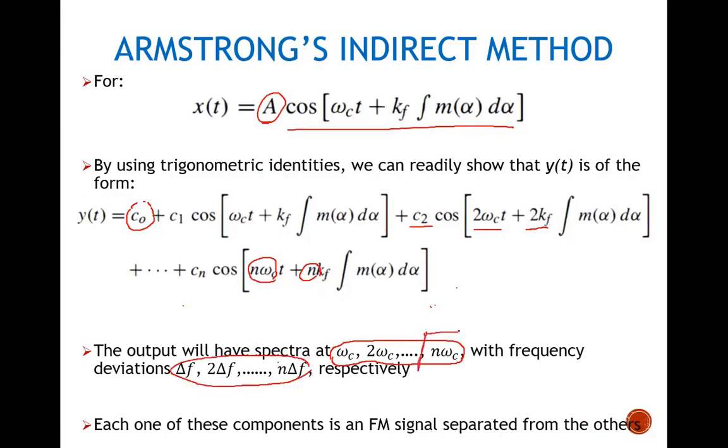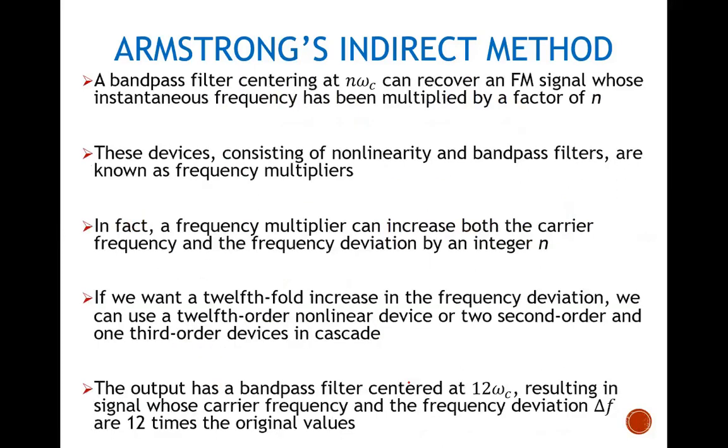We can use a band pass filter, let's say, to filter out 3 omega_c or 4 omega_c, which will have a respective frequency deviation of 3 delta f or 4 delta f. So a band pass filter centered at n omega_c can recover the FM signal whose instantaneous frequency has been multiplied by a factor of n. The deviation also increases, and the frequency also increases.